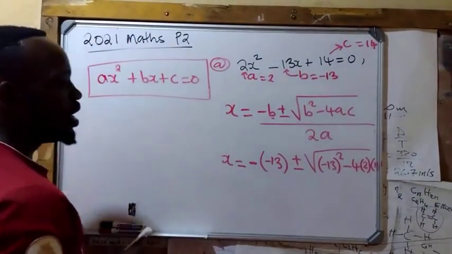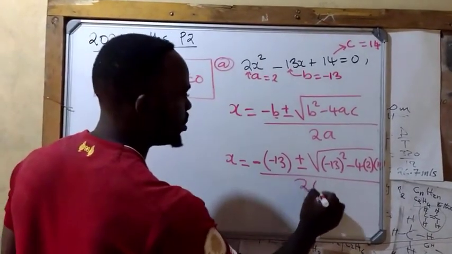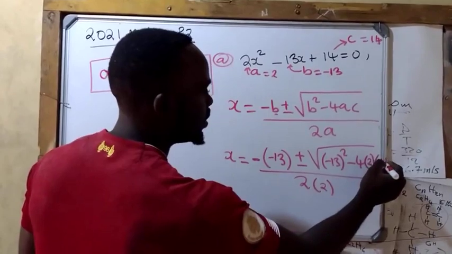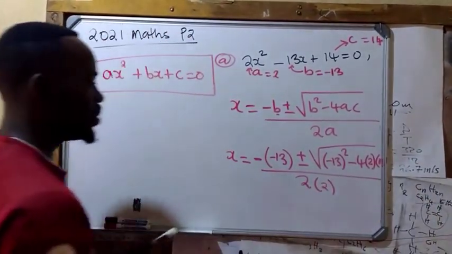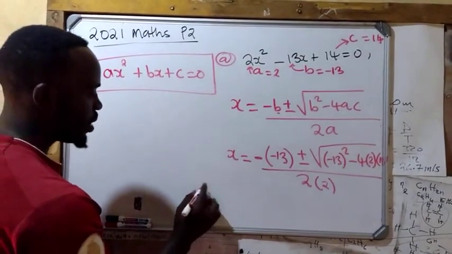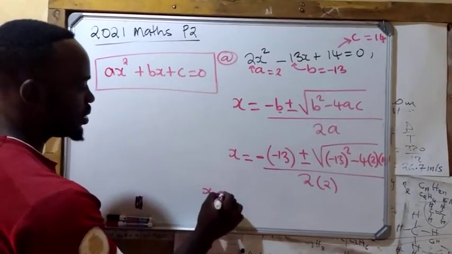Now over 2, open bracket, where there is a, we put 2. So here there is c, which is the 14. There is not enough space there. So what you do now, we write x equal to.